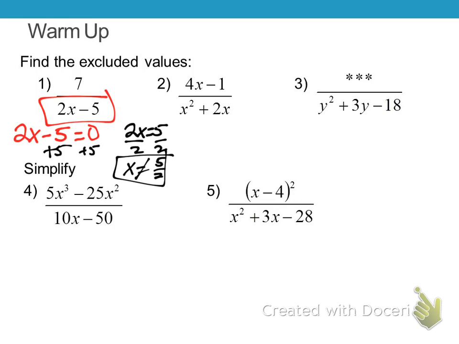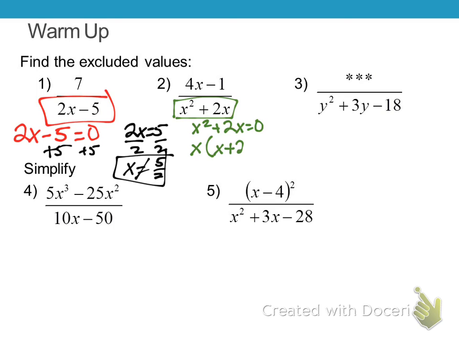Let's keep it going. Number 2, what should I do? Take out an x. Make this equal to 0. Then you are correct. You want to take out an x. So that would leave me with x, and then what?